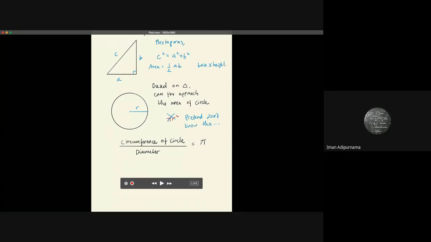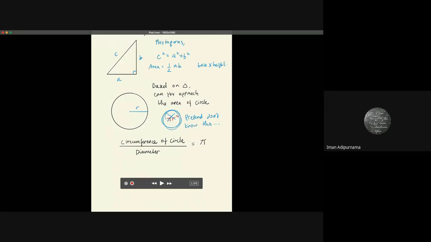So based on this triangle, can you prove that the circle has area pi r squared? Can you make a proof? And it's related to limit. Anyone has any idea how to approach this?